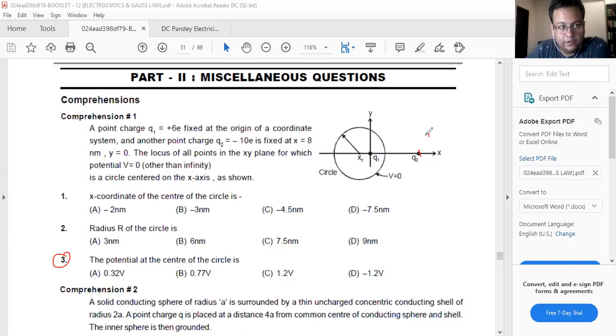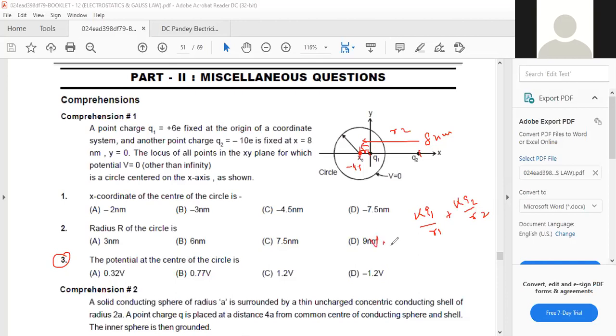This is 8. Yes sir. And what was the x coordinate of the center? Minus 1. Minus 4.5. Minus 4.5. Okay. Then it is just KQ1 by R1 and KQ2 by R2. Okay, this is R1, this is R2, right? That's the potential at the center of the circle.